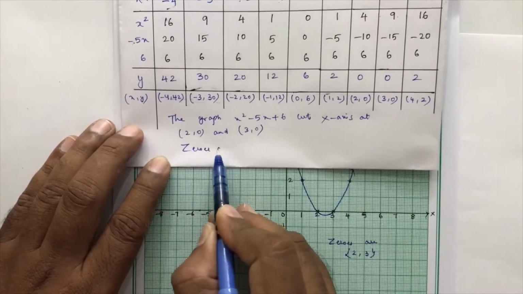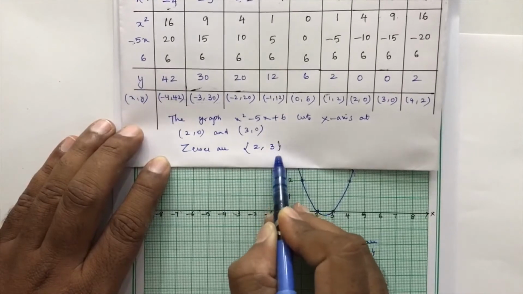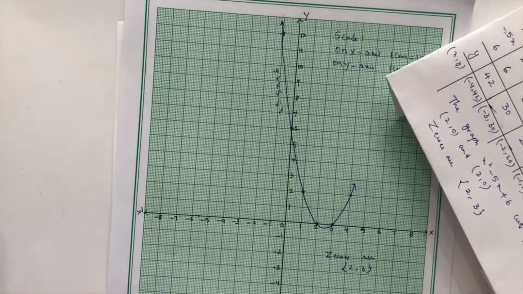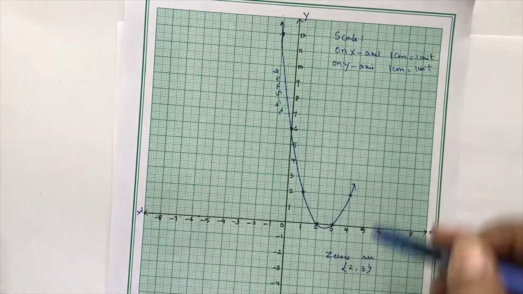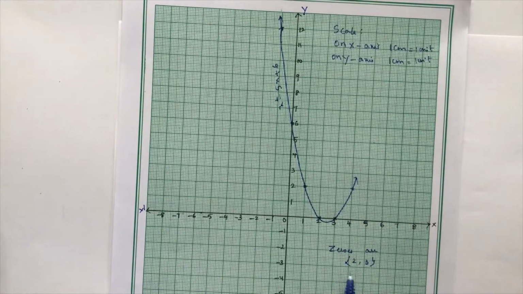Therefore, the zeros are {2, 3}. In this way you need to solve the graph question. Most important is the scale, and we compulsorily need to find the zeros. With the help of the graph, the zeros are 2, 3.